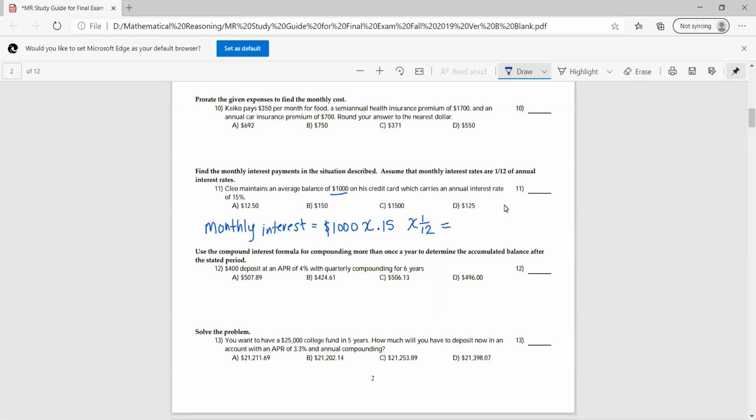So when you do 1,000 times, and notice that we changed our 15% into a decimal, so we took that and divided by 100, which gave us 0.15. So 1,000 times 0.15 times 1/12 gives us 12.50, and that's going to be dollars. So we would want to pick A for that answer.